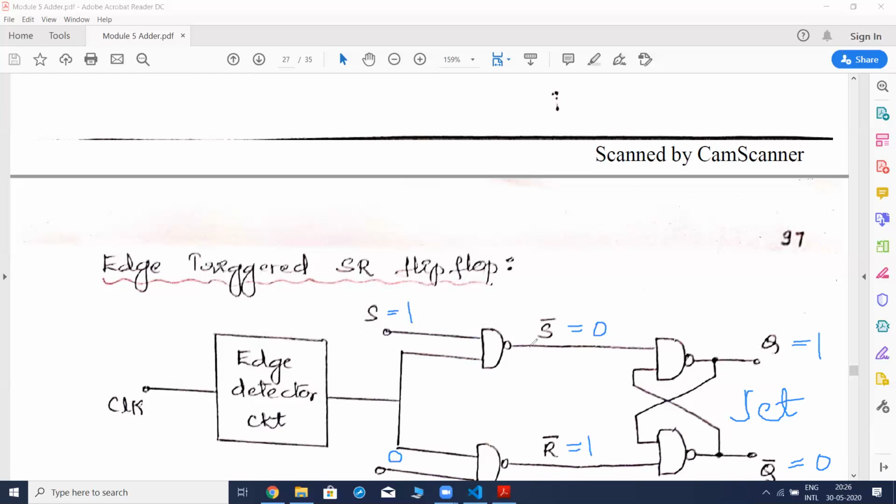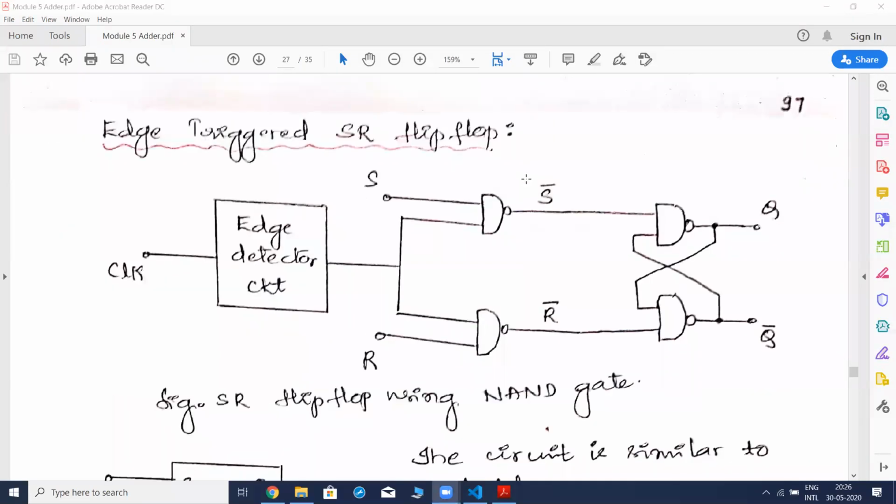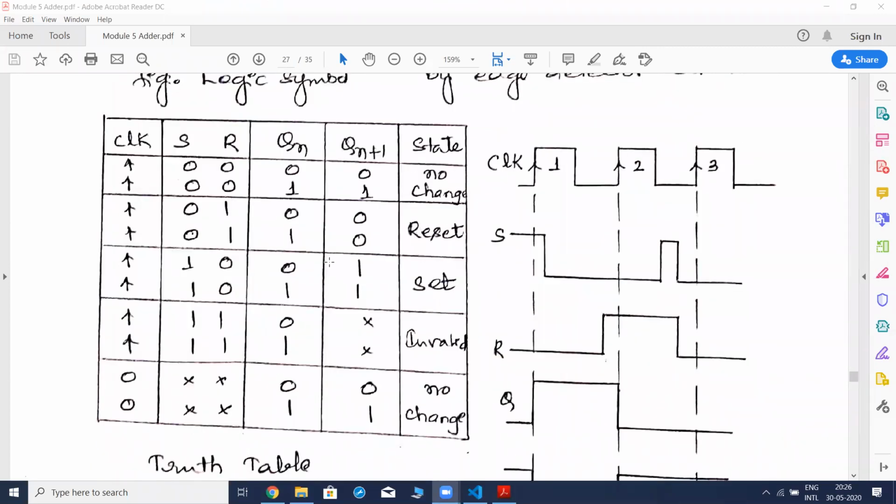How? Because if any one of the inputs is 0, the output is 1 over here. Here both the inputs are 1, 1, so we are getting 0. So for S equal to 1 and R equal to 0, we are going to get the set state.